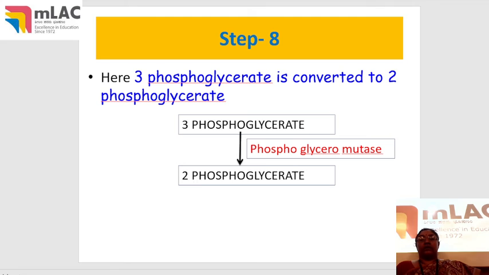Moving ahead into step number 8, 3-phosphoglycerate is converted to 2-phosphoglycerate in the presence of the enzyme phosphoglyceromutase, which means the phosphate group which is present on the 3rd carbon atom is now moving towards this second carbon atom, and therefore we say 2-phosphoglycerate is formed.